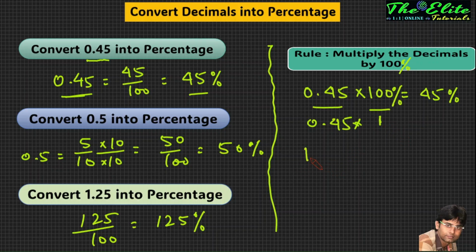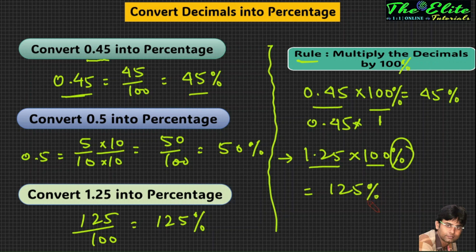For example, here it was 1.25, and now the rule says that multiply this decimal numbers by 100. I am saying 100%, so you will write this by multiplying by 100%. When you multiply this by 100 only, you will see what you are going to get. You will get 125 and this sign will be written. Okay, so that you get the final answer, isn't it?